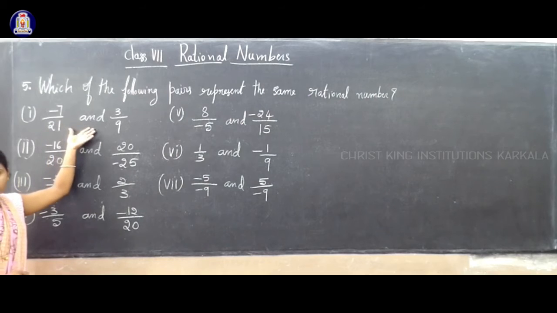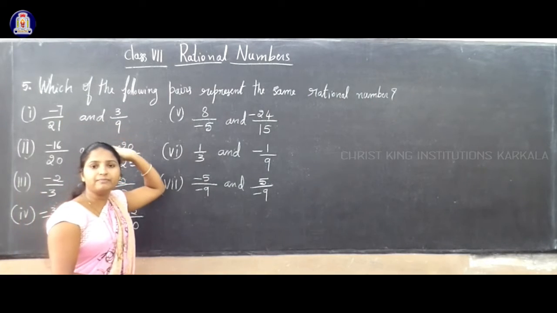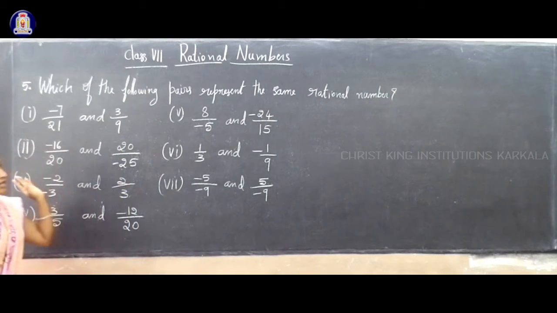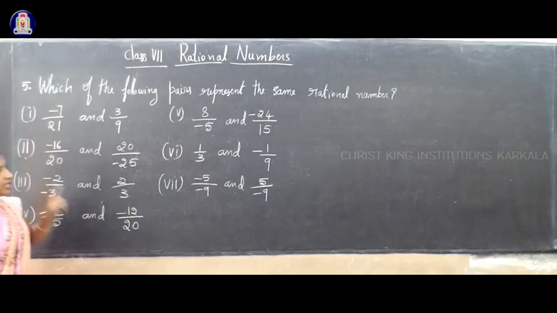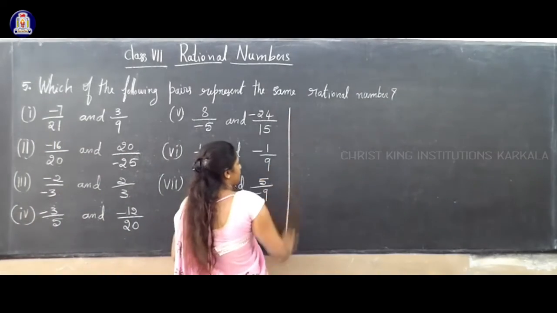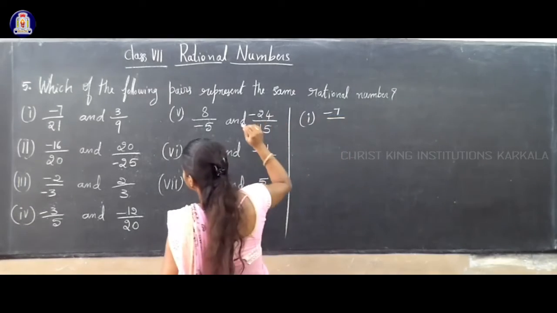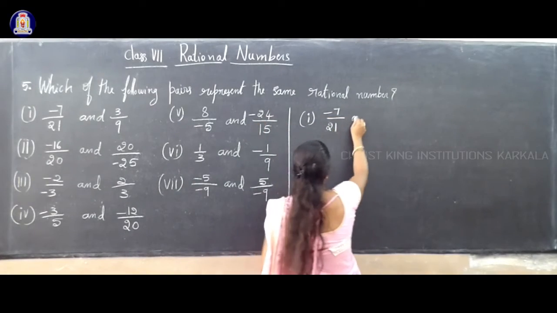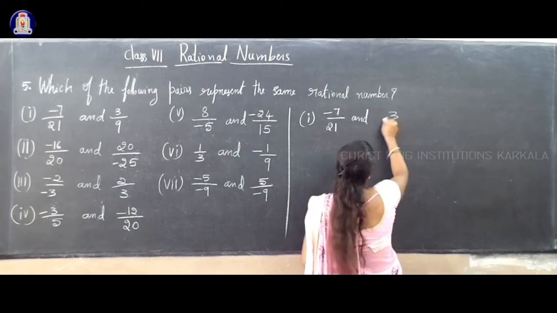What do we have to do? We have to check whether the given pair of rational numbers is the same or not.